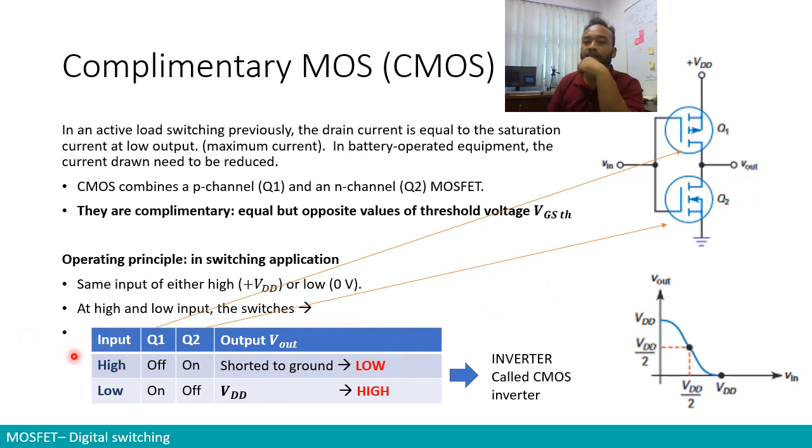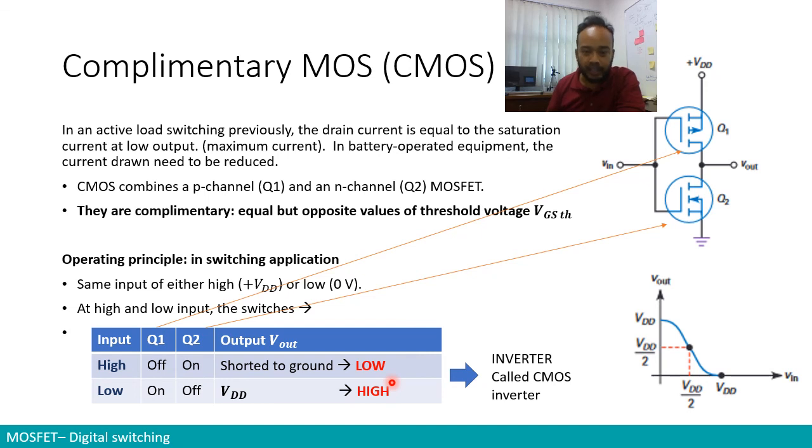And what happens when V in is low? When V in is low, Q1 is going to be turned on and Q2 is going to be turned off. So Q1 is on, this circuit is connected, and VDD is directly equal to V output, while the ground is isolated from V output. So we can observe a high signal at the output. We still have the same inversion.